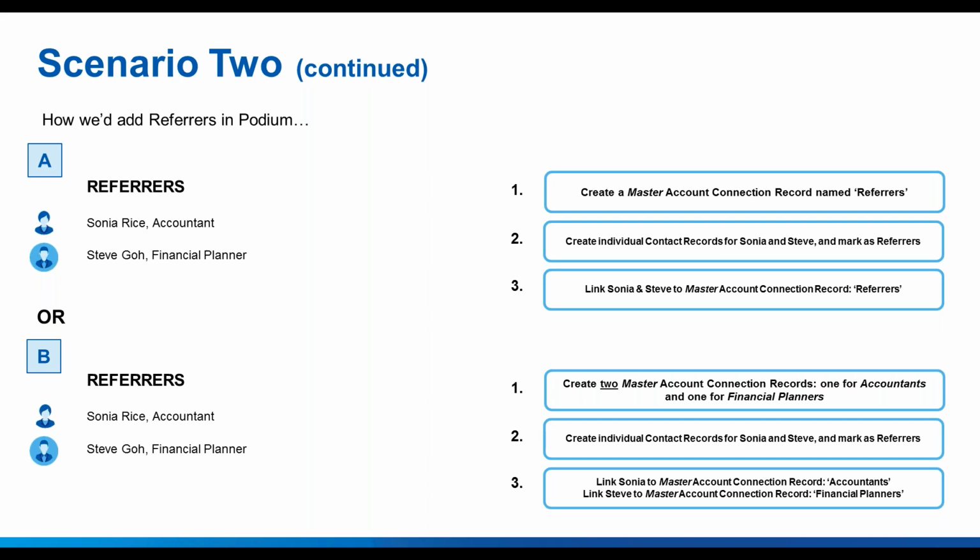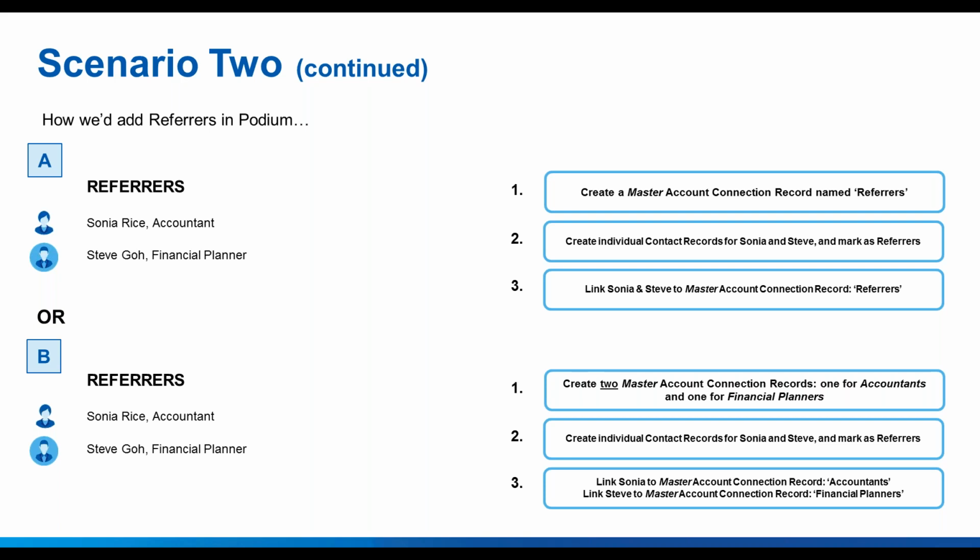So that's one approach. Another way to add Sonia and Steve to the database as non-borrowing contacts is by further dividing them into, or organizing them into, separate master account connection records, one for accountants and one for financial planners. So that's what step one is all about.